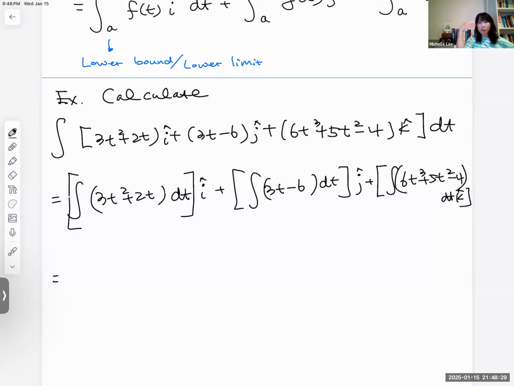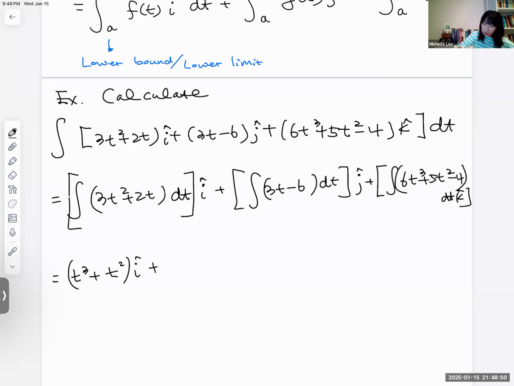Okay, we think in reverse from the derivative. We add to the power and divide by the new power. So t to the third power plus t squared, this is for i.